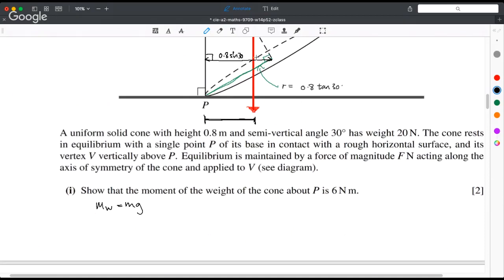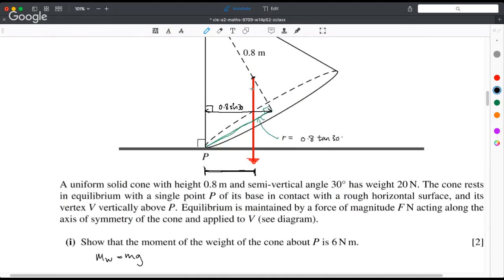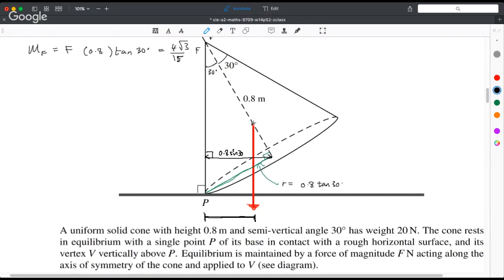We have this full distance, and we know that this point is 1/3 up here. So these are similar triangles. So this distance here is going to be 1/3 of the full 0.8 sine 30 distance.